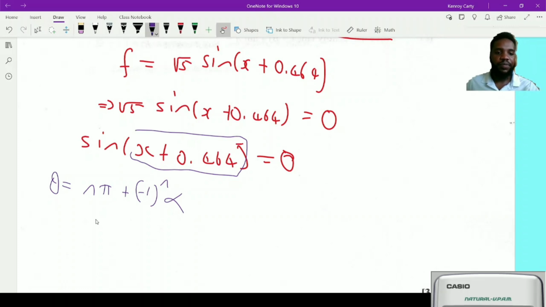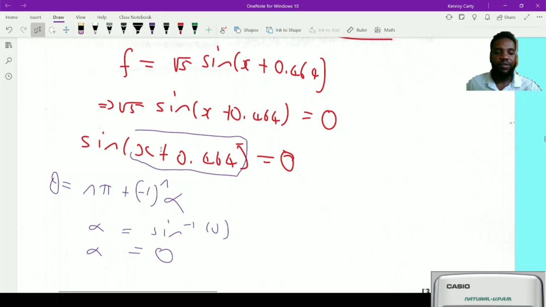All right, so follow me carefully now. I can say from this, my alpha value is equal to the sine inverse of 0. And of course, we know that sine inverse 0 is actually going to give us 0. So alpha is 0. All right. So my theta value, which is n pi plus negative 1 to the n times alpha, what it means is that inside of this formula, alpha is going to be 0.